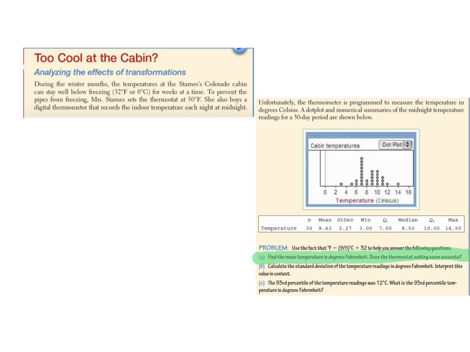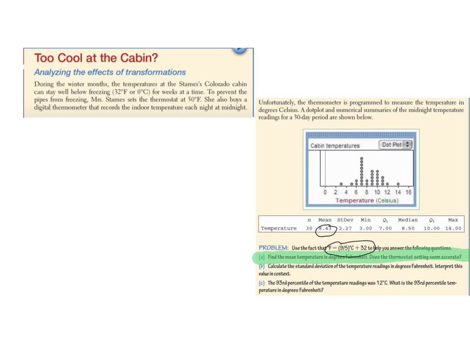Okay, so let's work on finding that. We know the mean temperature in Celsius is 8.43. Now it's going to go through this transformation right here, where we multiply by 9/5 and add 32. The thing you need to ask yourself is, what type of value am I working with?